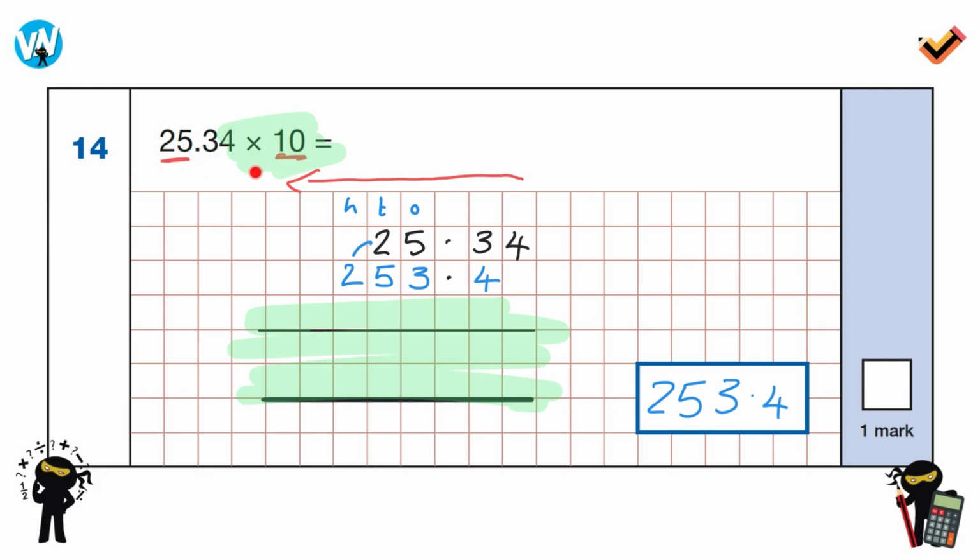It's multiplying by 10, 100, or 1,000, and we know from mastering this earlier that that's just moving the digits one column, two columns, or three columns to the left or the right, because they're getting 10, 100, or 1,000 times larger. So we've got to look out for those, because there's no reason to be doing a written strategy when we can just use our own knowledge and skills to solve it quite quickly.